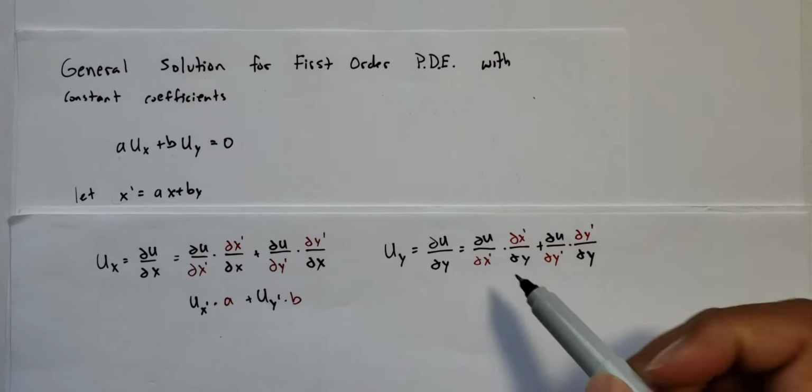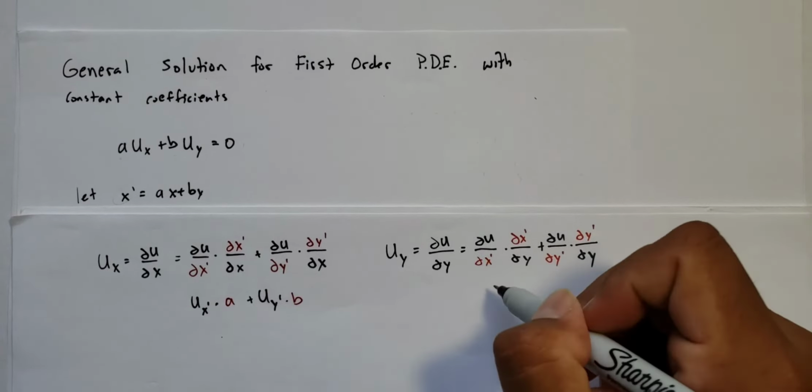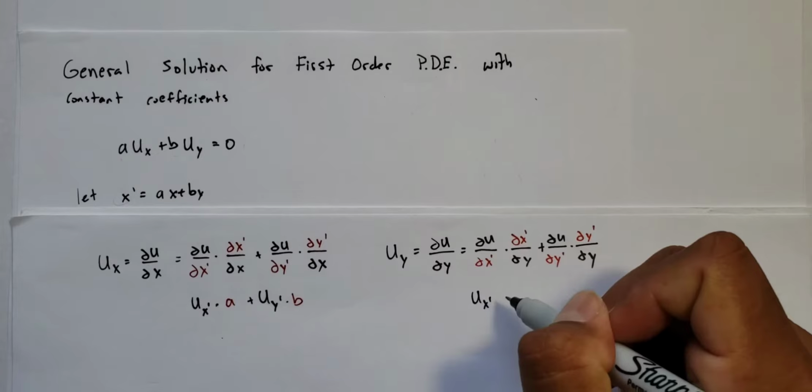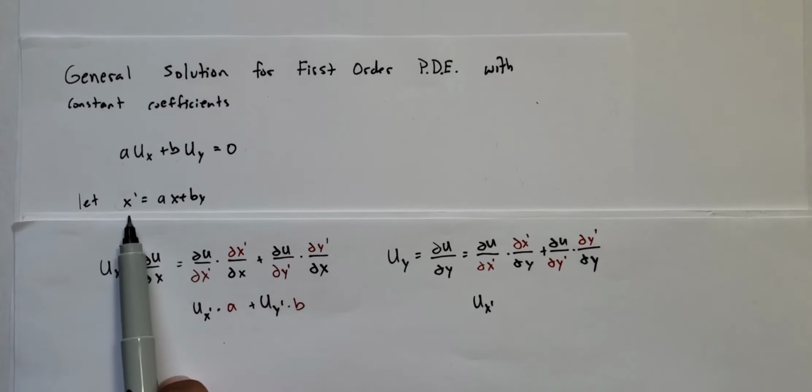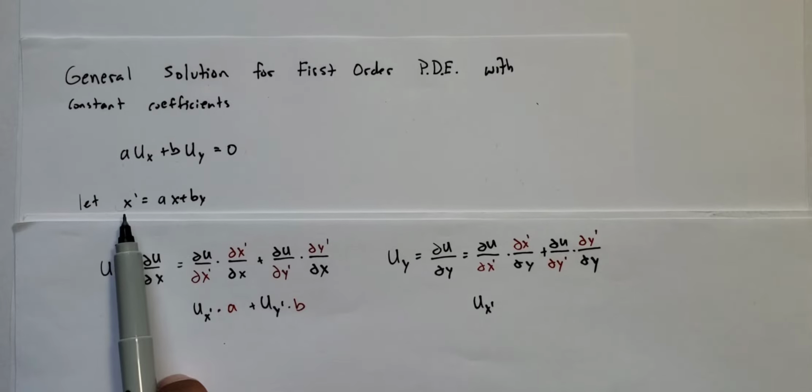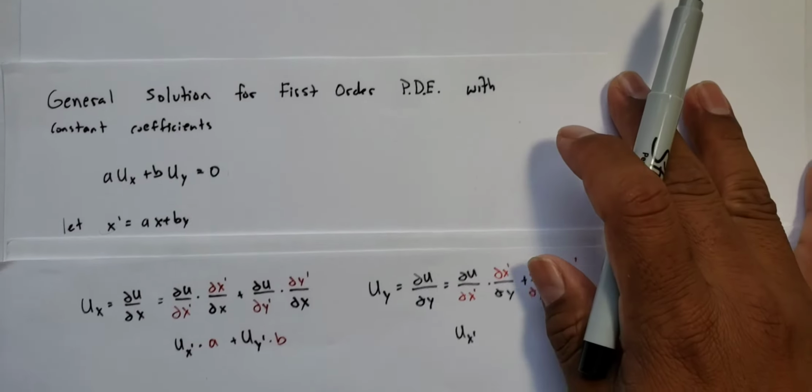Leave this one as is, with the same reasoning as before. So it's going to be u of x prime. It's going to be the derivative of x prime with respect to y, so it's going to be just b.